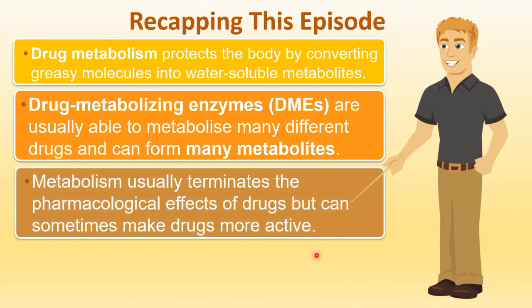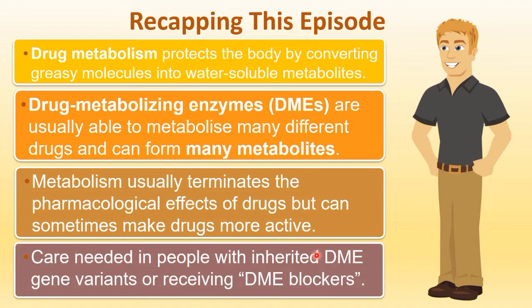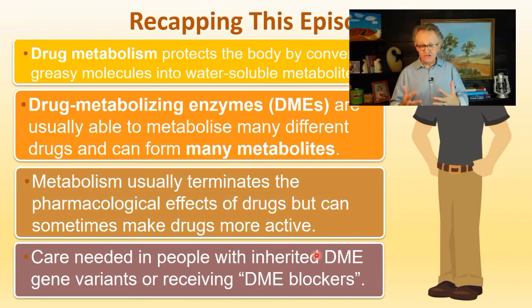Thirdly, we've seen that metabolism usually terminates the pharmacological effects of drugs, but sometimes it can actually make them more active, and we particularly use that capability when we're dealing with prodrugs. And then finally, care must be taken when using drugs in people that have inherited gene variants. So we call that pharmacogenetics and personalised medicine.